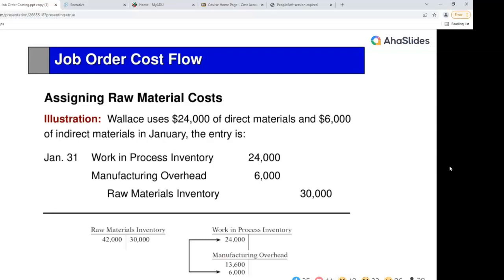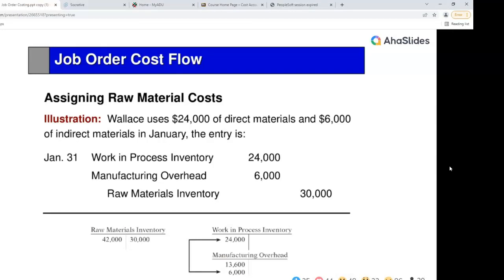I credit raw materials. But I go to my work in process account and I debit it for direct material, the 24,000. And I go to this new account called manufacturing overhead and I debit it. So it increases. So the journal entry is simply that. Debit work in process, debit manufacturing overhead, and credit raw materials.